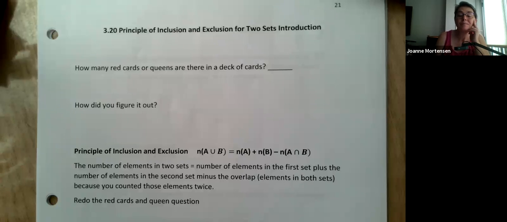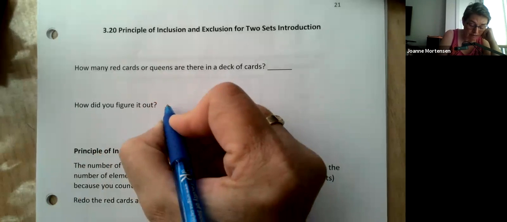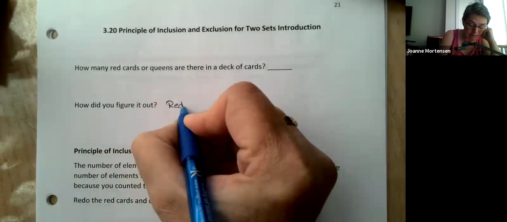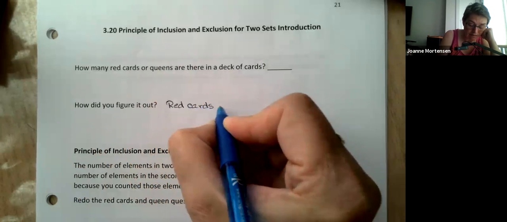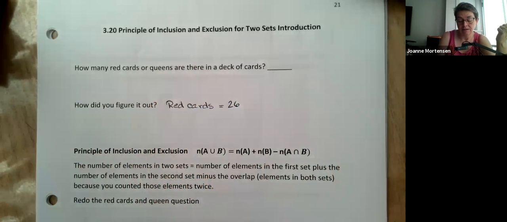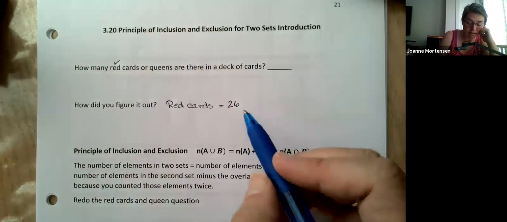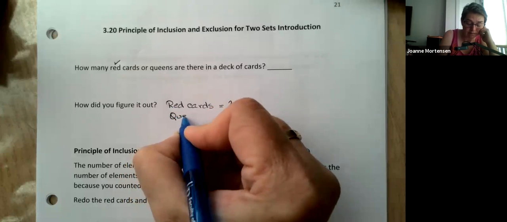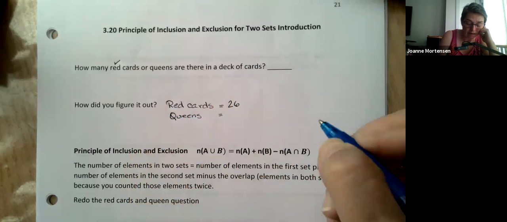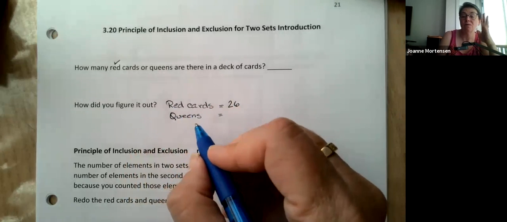You got an answer? I'll tell you how I'm going to figure it out. So my brain said, red cards, there's 26 in a deck. That's going to be 13 hearts, 13 diamonds. And for queens, there's 4 of them.